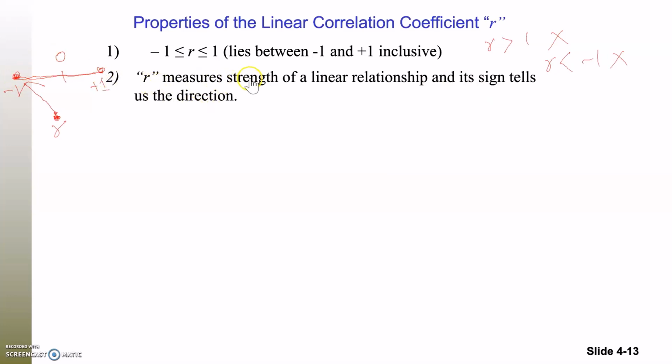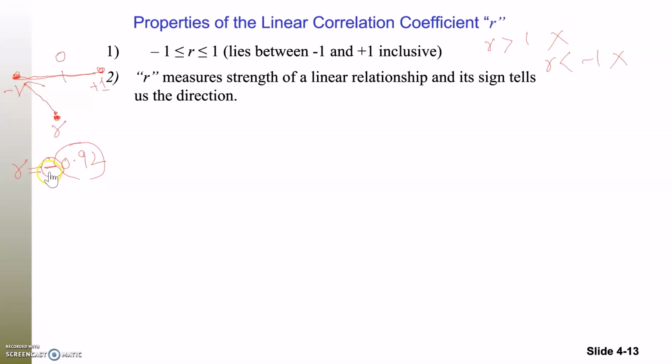The second property: R measures the strength of the linear relationship, and its sign tells us the direction. Remember in our last example, the value of R which I computed was -0.92. A value of R contains two things. One is this sign, and one is this number.